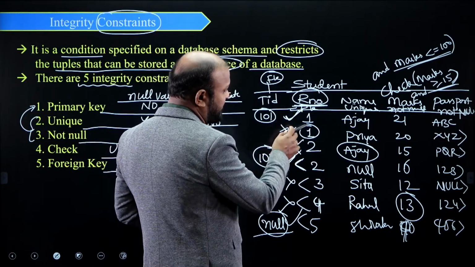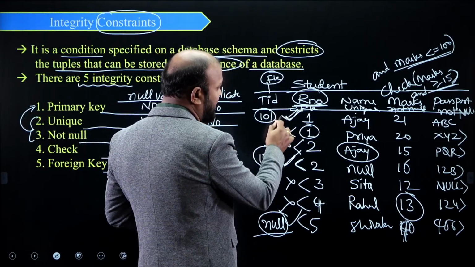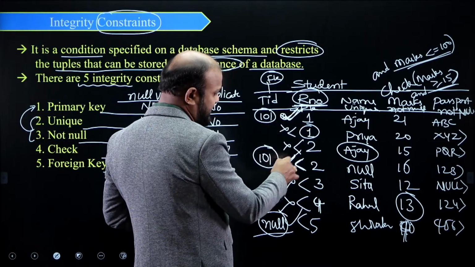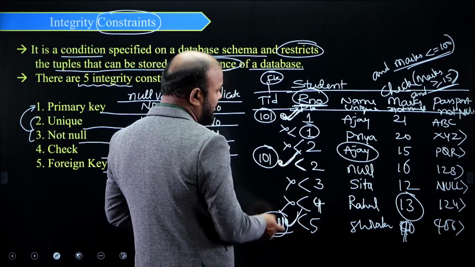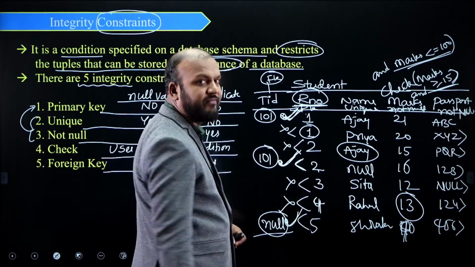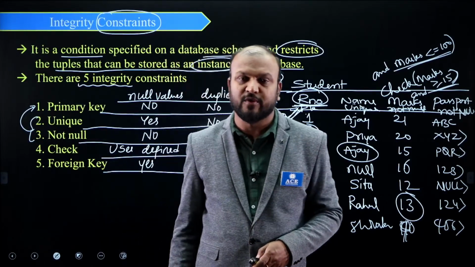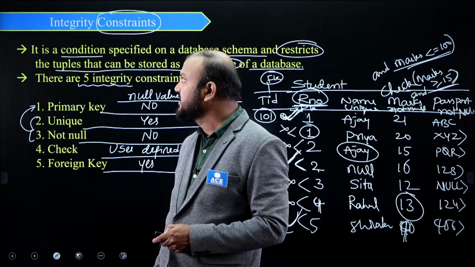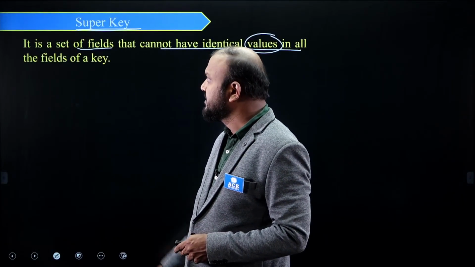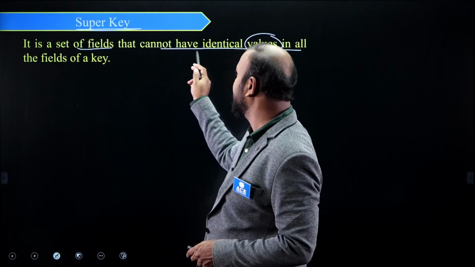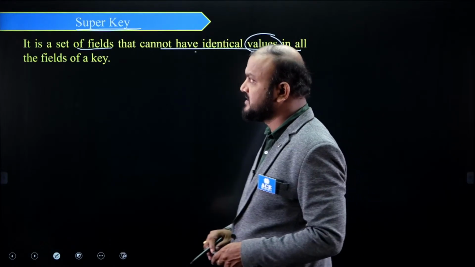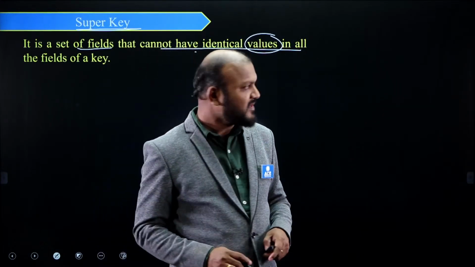So here on the roll number, whatever the tuples that are inserted, this is inserted, this is inserted, and this is inserted. And is it allowing duplicates? No, it is not allowing duplicates. Then it is allowing unique values. Then it is called super key. Look, it is a set of fields that cannot have identical values in all the fields of a key. It's called super key.